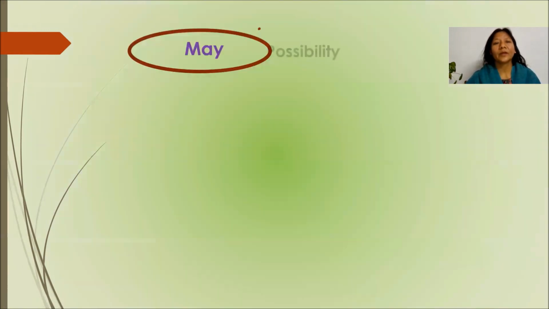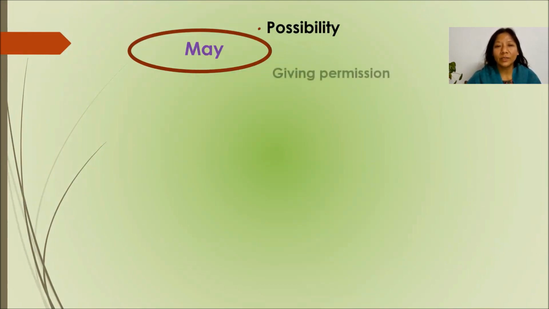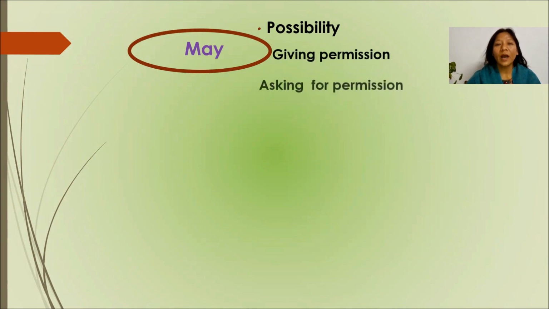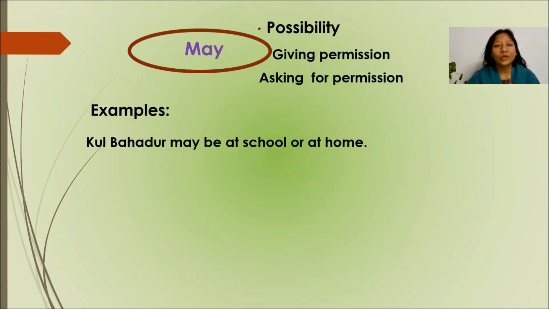Next verb, may. May is one of the modal verbs. It shows possibility, giving permission, and asking for permission. For example, Kulbadru may be at school or at home. This is possibility. Where is Kulbadru? He may be at school or at home.